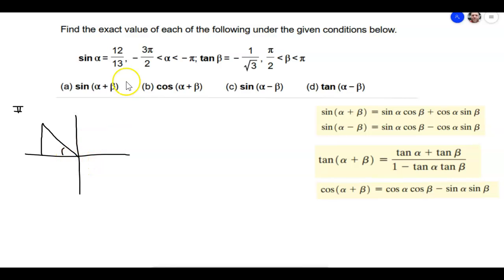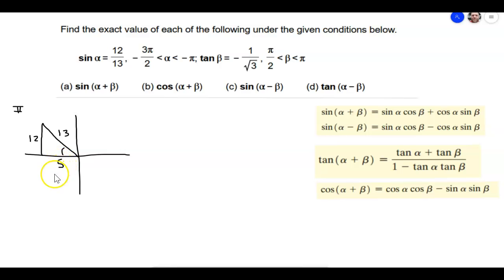Sine is opposite over hypotenuse, so that's 12 and this is 13. This is one of our special triangles. That's going to be 169 minus 144, which is 25. The square root of that is 5.